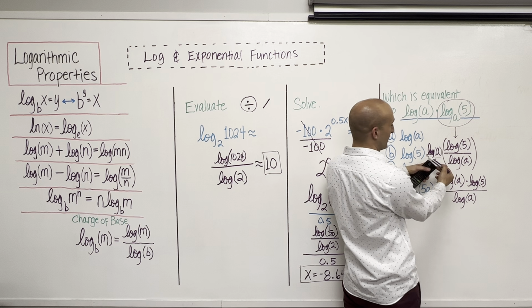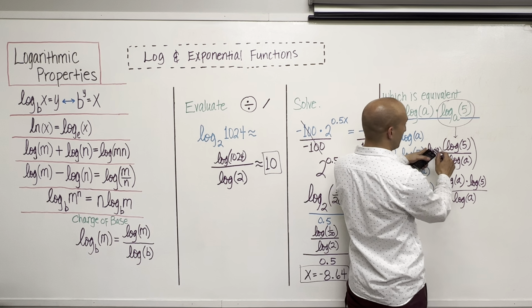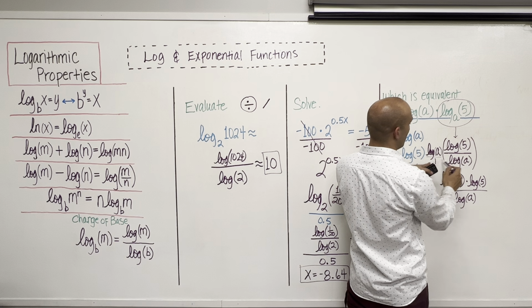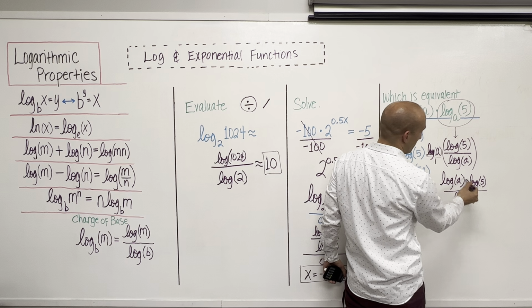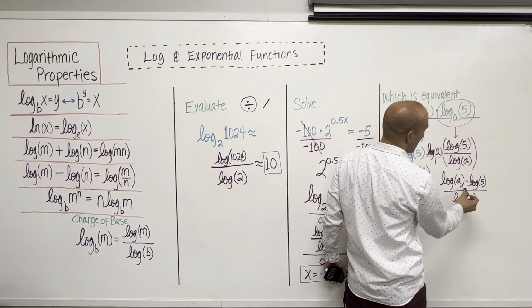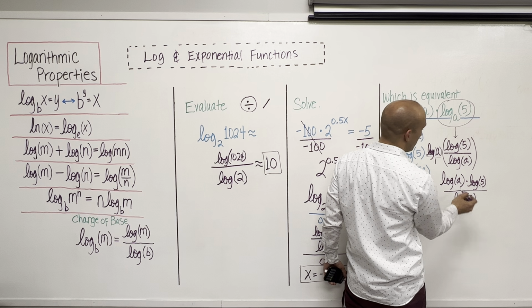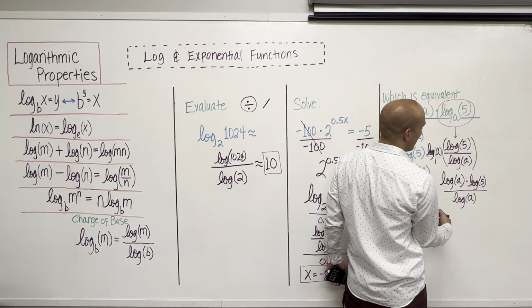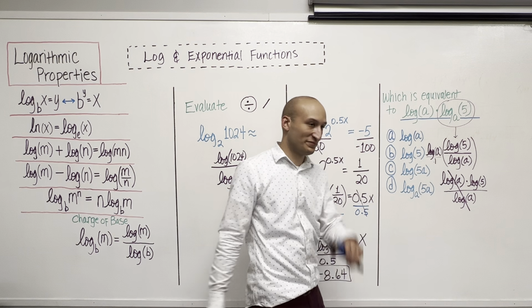This has an imaginary 1 underneath as a denominator. So I just multiply numerator with numerator, denominator with denominator. Now, take a look at this right here. I have log A being divided by log A. Same quantities being divided, I can cancel because that's 1.